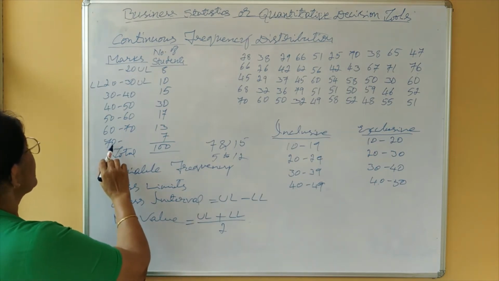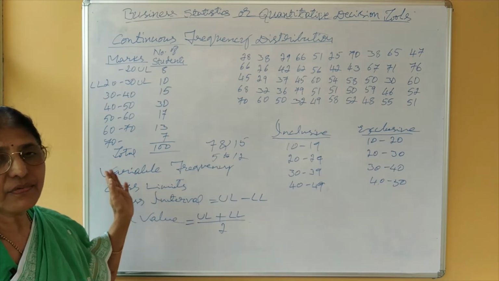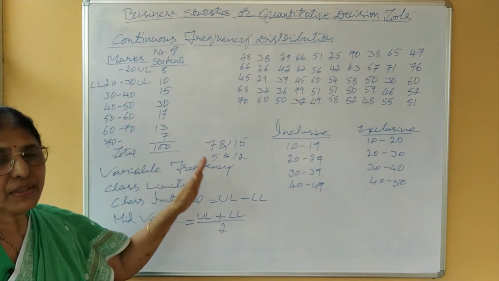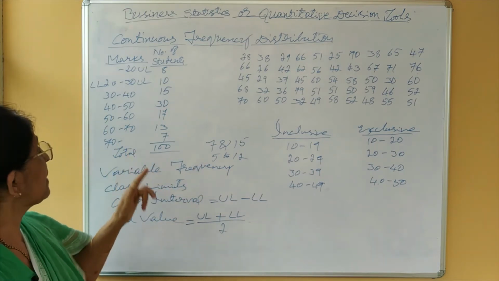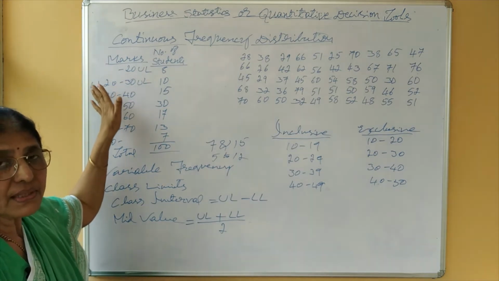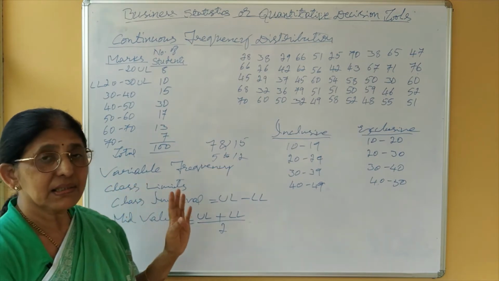When there is a common class interval, then to a certain extent we may calculate what the lower limit and the upper limit of the last class may be. But if the class interval is not common, then we cannot even estimate the lower limit of the first class and the upper limit of the last class. That is difficult.